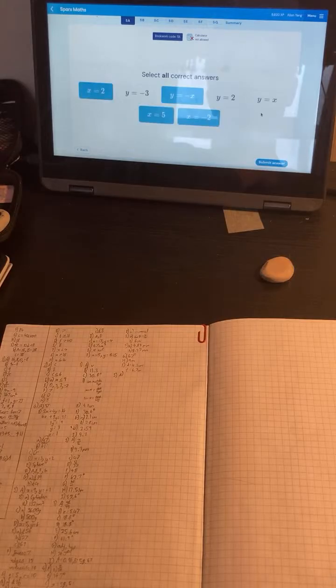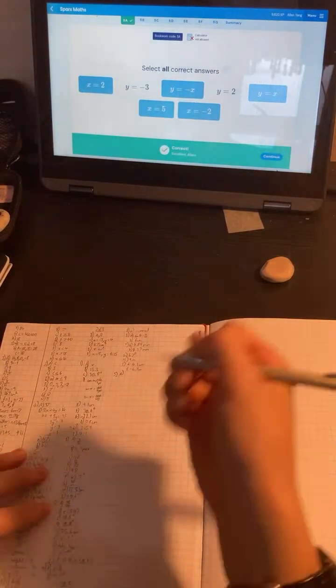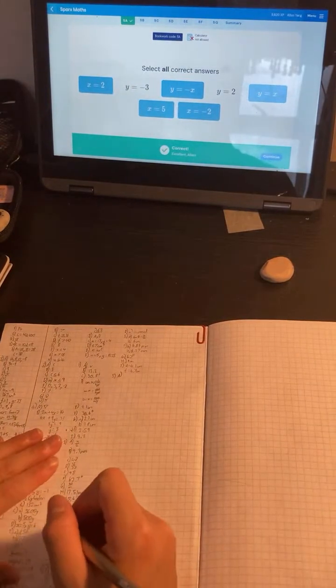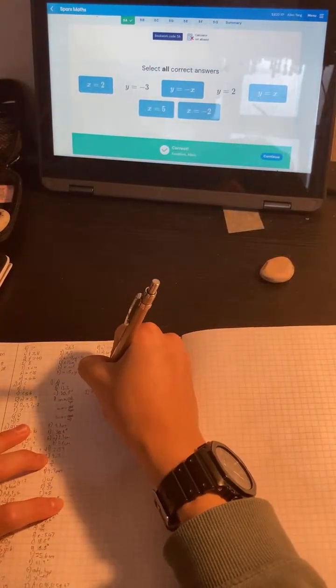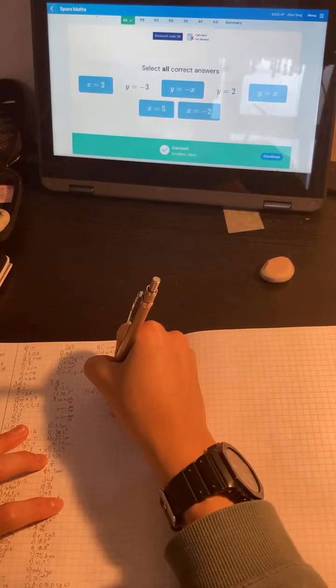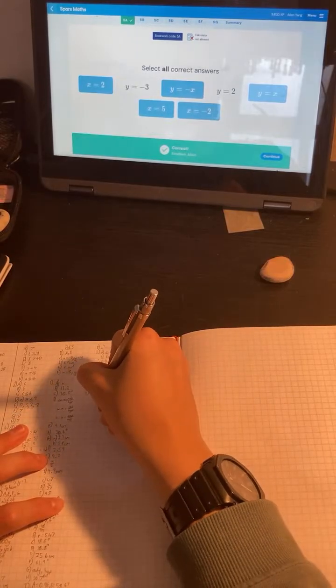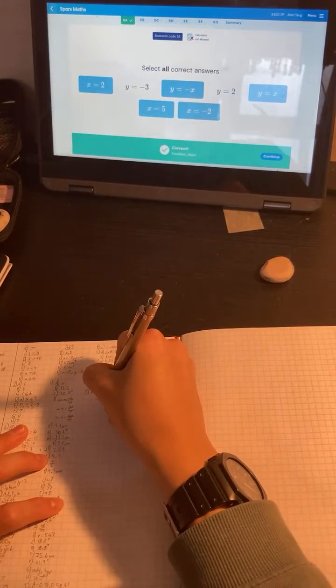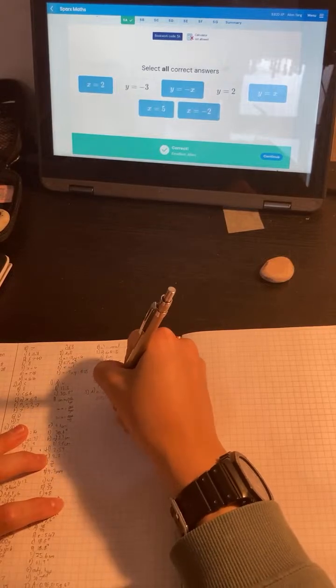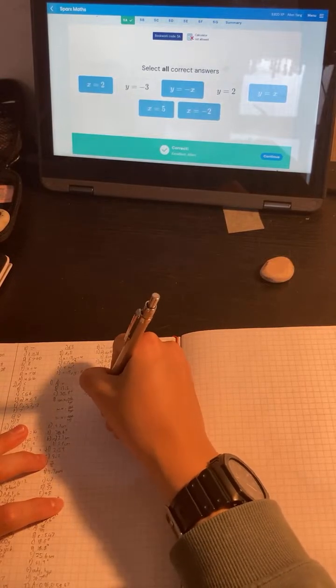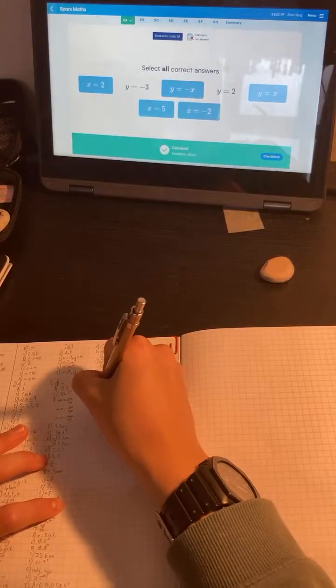Y equals 3, so boom. Yeah, those. Fine, I'll write them down. X equals 2. Y equals negative x. Y equals x. X equals 5. X equals negative 2. 5b.